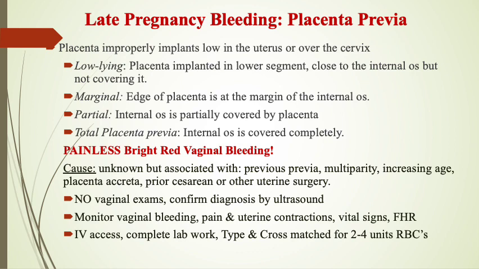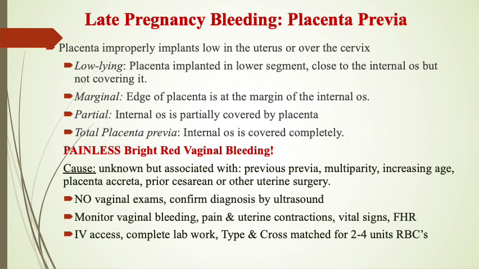It's not a total placenta previa. We also have marginal. With marginal, it's just the edge of the placenta that is close to the cervical os. So the edge of the placenta is at the margin of the internal os. In partial, the internal os is partially covered by the placenta.